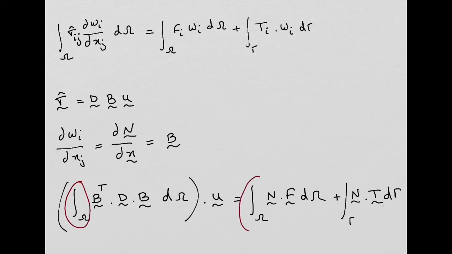In the weighted residuals, we have to perform these integrals. And if you are implementing this in a computer in an automatic calculation, you need to have a way of doing numerical integration. You cannot do analytical integration, right? The computer does not know how to do analytical integration.